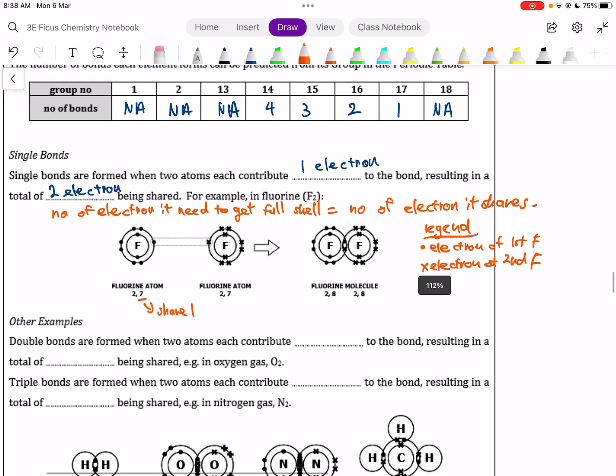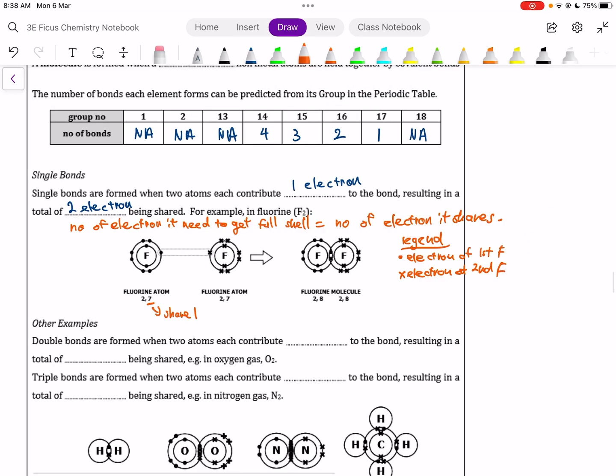Sometimes, just like ionic, they only ask you to draw the outermost electrons, so you just show the outermost, like in this case.